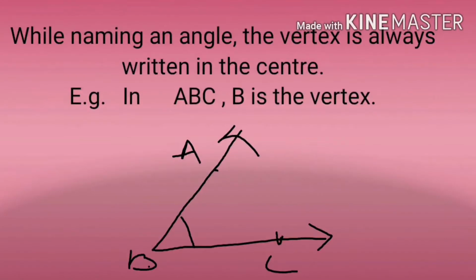We can name angles by using three capital letters. While naming an angle, the vertex is always written in the center. Example: in angle ABC, B is the vertex.